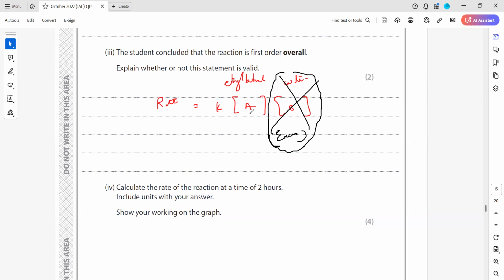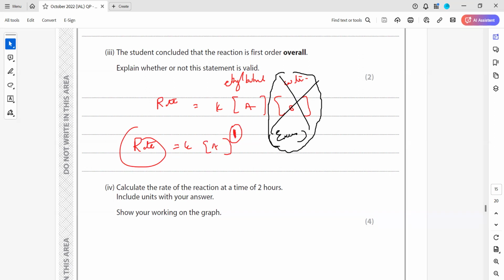If the amount of water does not alter the rate, then the rate is equal to k times the concentration of ethyl butanoate. So if the ethyl butanoate is first order, this reaction is first order with respect to ethyl butanoate, and the water concentration does not affect it. So overall the reaction is first order.